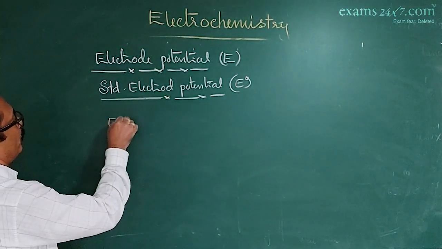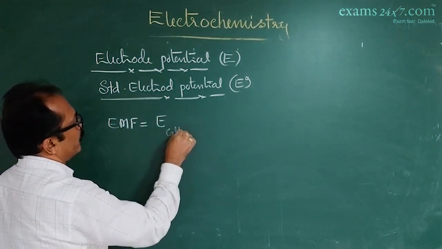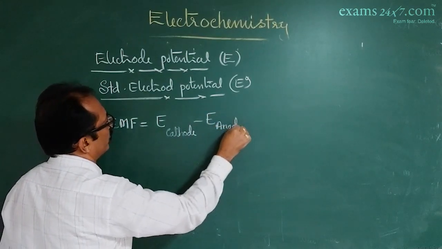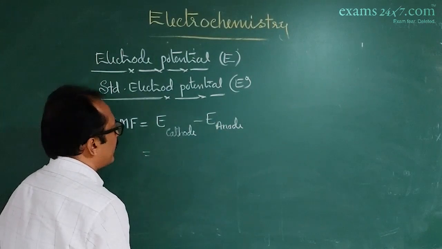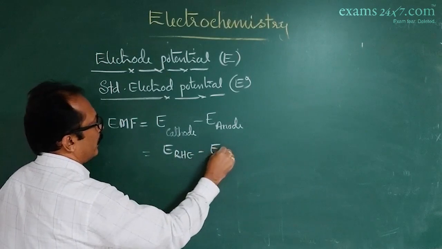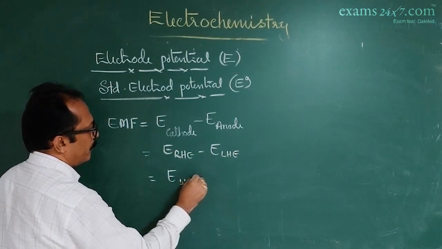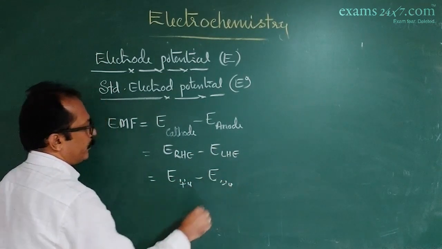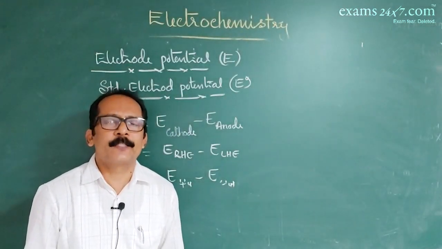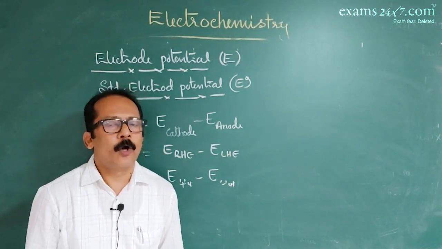EMF is calculated using the electrode potential of the cathode and the electrode potential of the anode: E of the right-hand electrode minus E of the left-hand electrode, or E positive minus E negative. EMF of the galvanic cell is always positive.